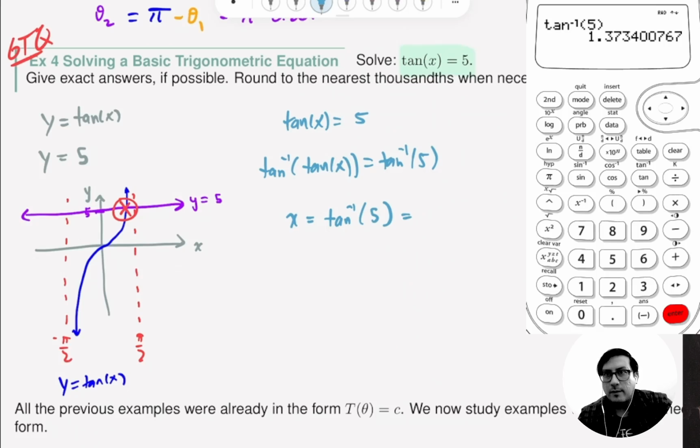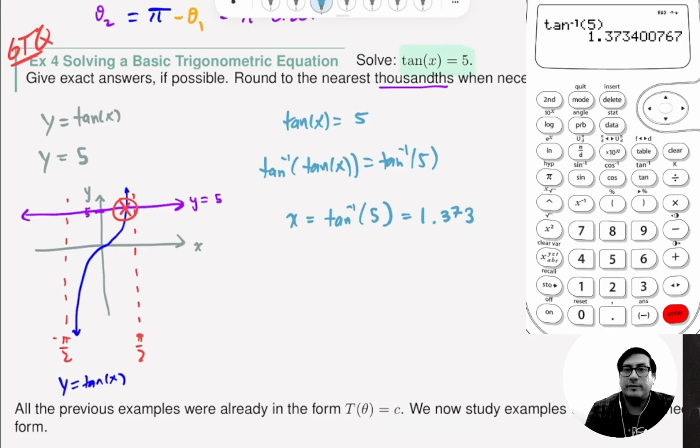So again, rounding to the nearest thousandths is 3 decimal places, so 1.373. Okay, so that's going to be the only solution on our principal branch. But remember, it doesn't give us any indication of restrictions.